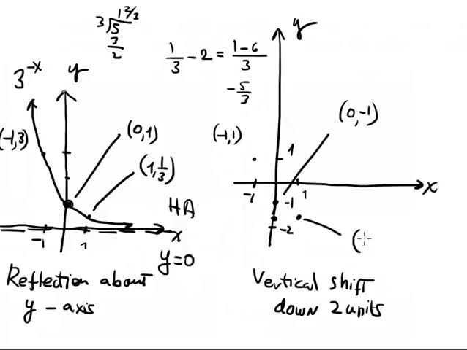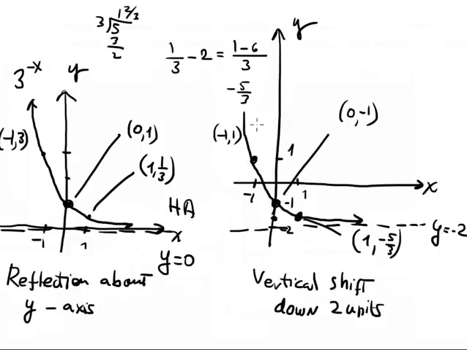This point would be 1, comma negative 5 over 3, and the horizontal asymptote, let's move it down here, and the equation is y equals negative 2. Our exponential is connecting this point and this point, approximately like that. And this is the final answer. This corresponds to 3 to the negative x minus 2. Good.